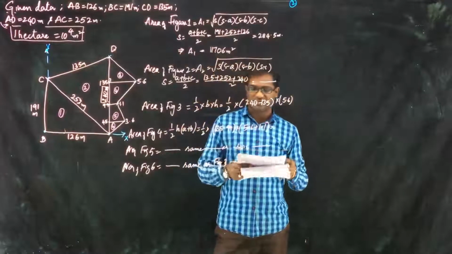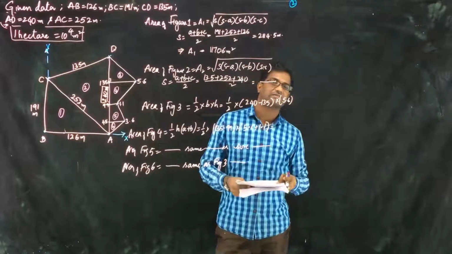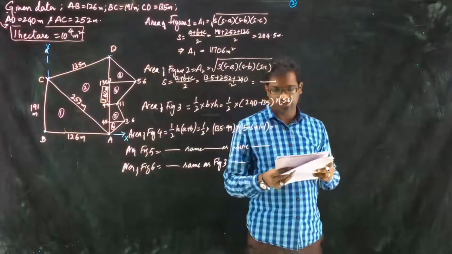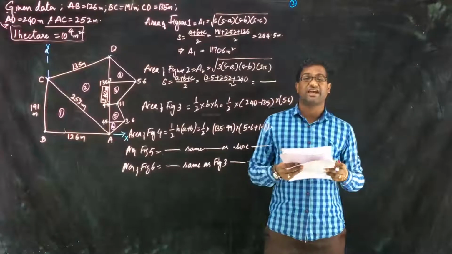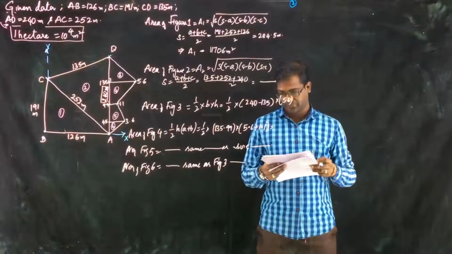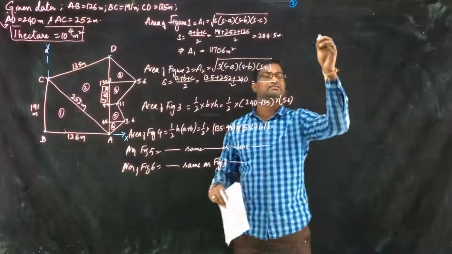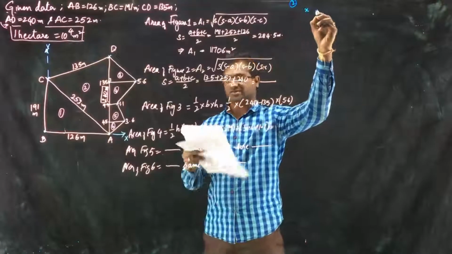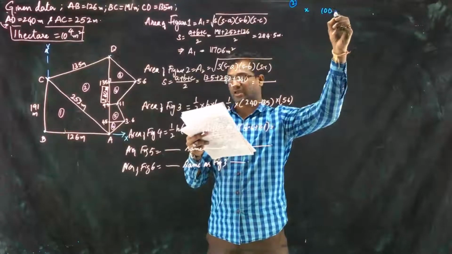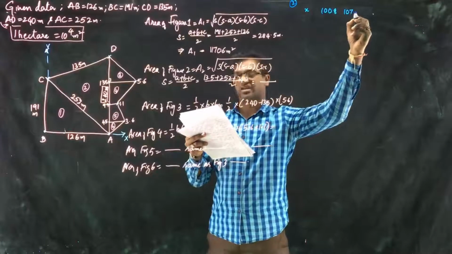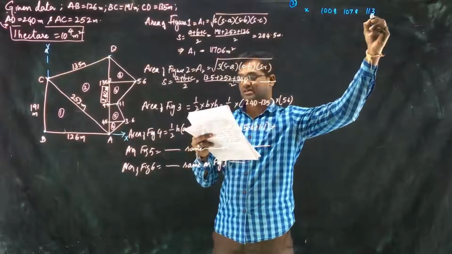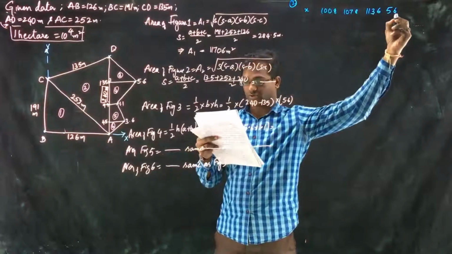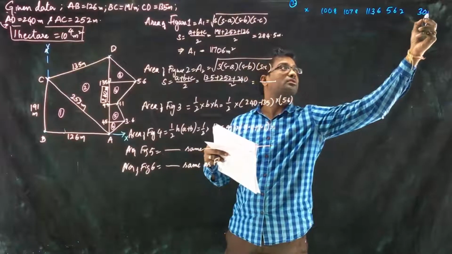So the problem says the adjusted coordinates of the successive points of a closed 5-sided traverse are given. You are given x coordinates as 1008, 1078, 1136, 562 and 308.